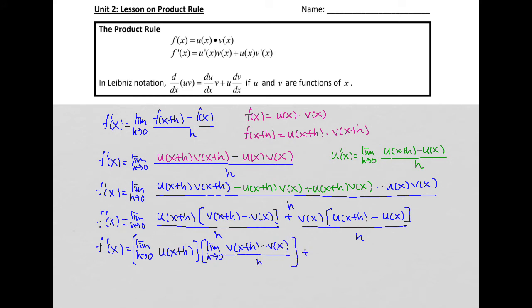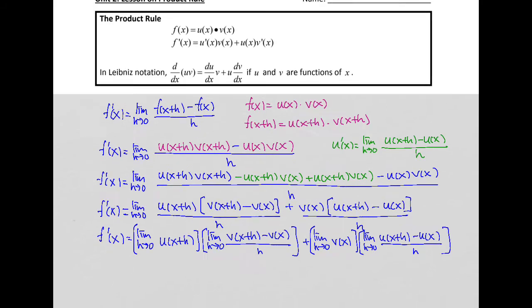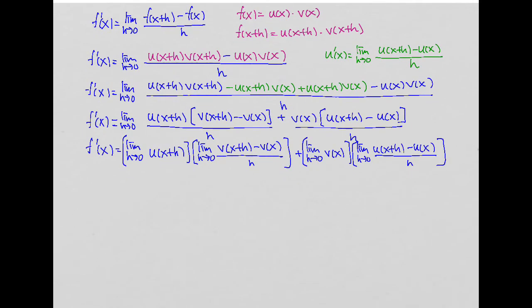And plus limit as h approaches 0 of v(x), multiplied by limit as h approaches 0 of u(x plus h) minus u(x), divided by h, and close bracket. Next, we can say f prime equals 2.